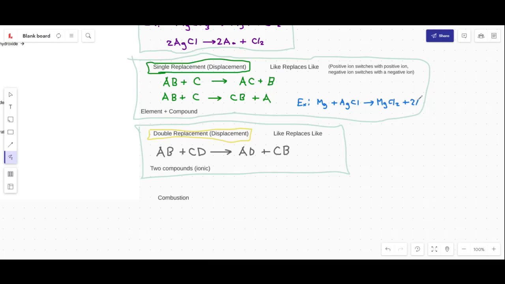And I'll put 2 in front of AgCl. So that's an example of a single replacement.